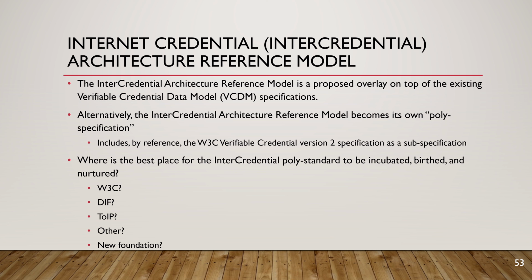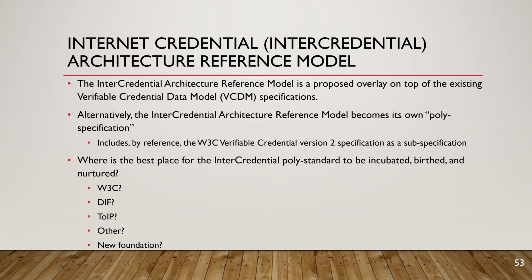The InterCredential model is not really intended to be a new VCDM specification, only an overlay, but there's nothing preventing it from becoming its own, what I call poly-specification, a specification that transcends multiple specification organizations, multiple specifications, and multiple technologies.